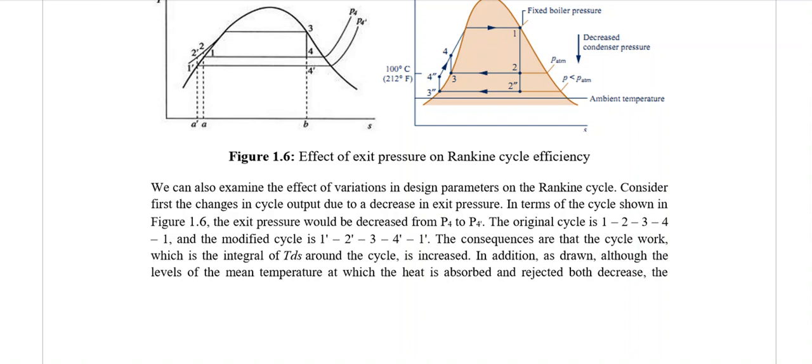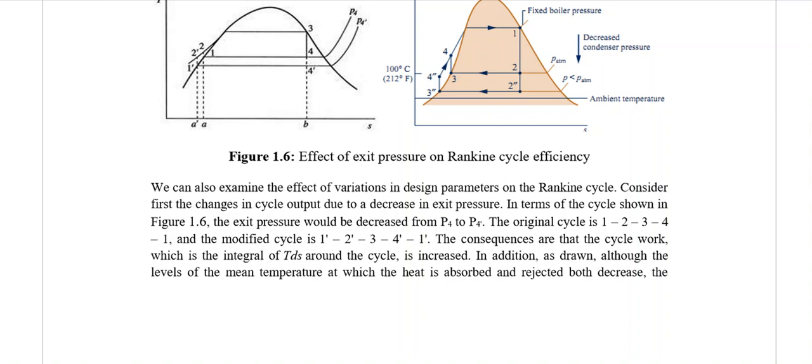Sometimes, with a shell and tube condenser or barometric condenser, it will naturally go to a vacuum pressure, and that vacuum pressure would normally be maintained. But more or less it is nearly atmospheric.